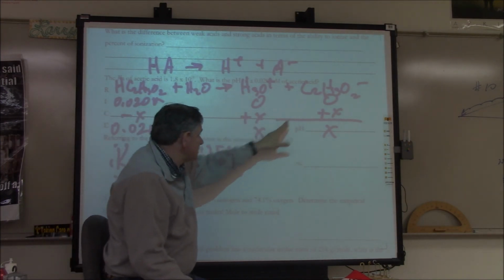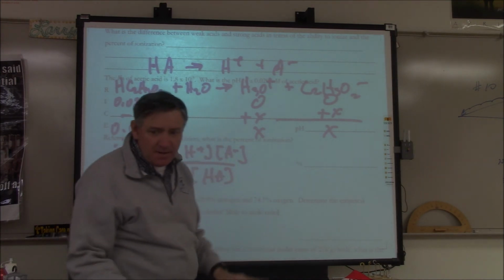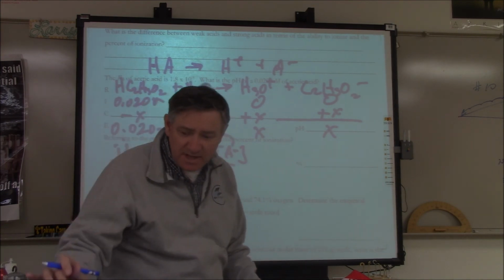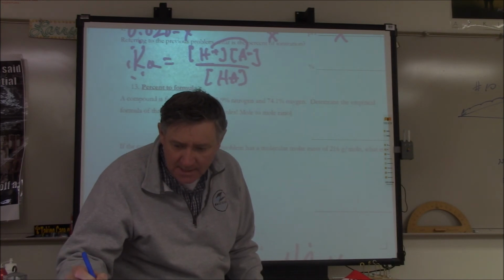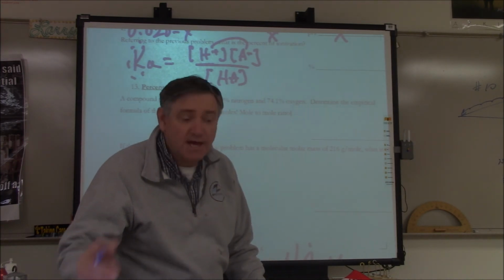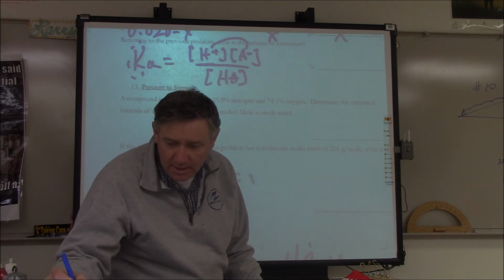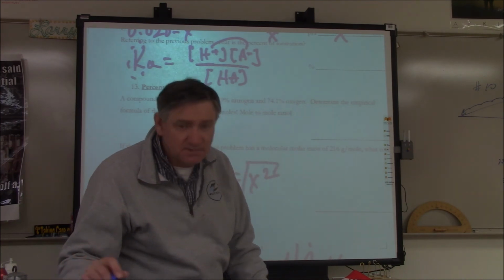The concentration of my anions is also X. So, check my math, but this is going to become X times X, which gets me X squared. So what I have is my Ka times the concentration of my acid at equilibrium is going to equal X squared. So then I'm going to take the square root of both sides, okay?